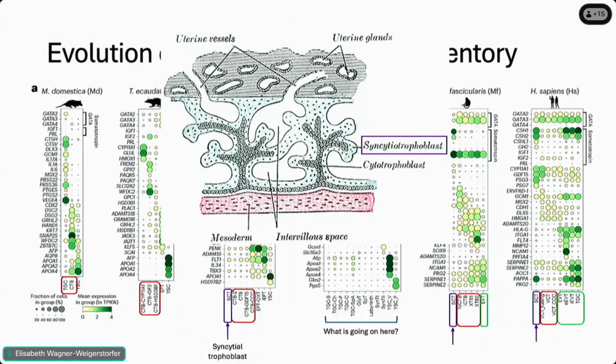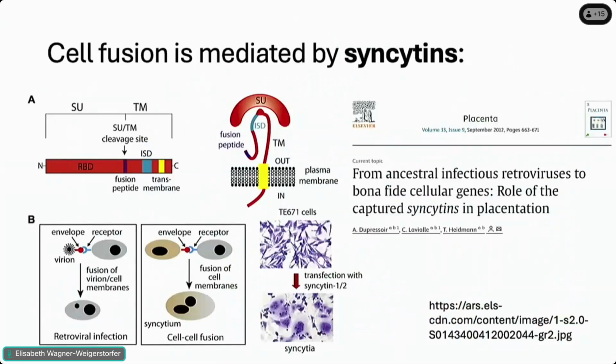And the interesting thing here is that this ability to fuse comes from a gene that is captured by mammalian cells or other vertebrate cells from retroviruses. Syncytins, as these proteins are called, are originally envelope genes of retroviruses that they use in order to get into the host cell.